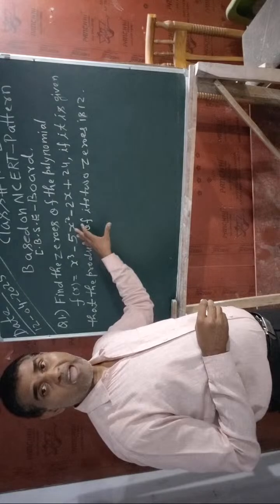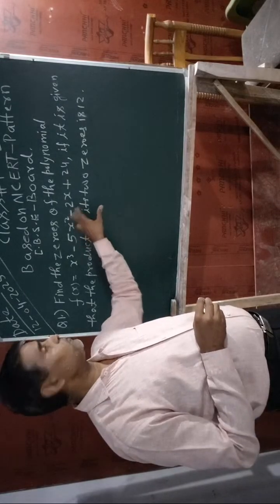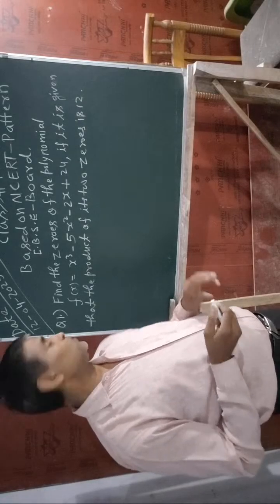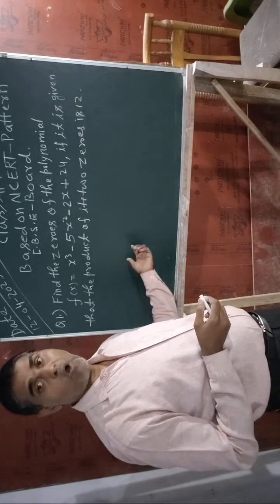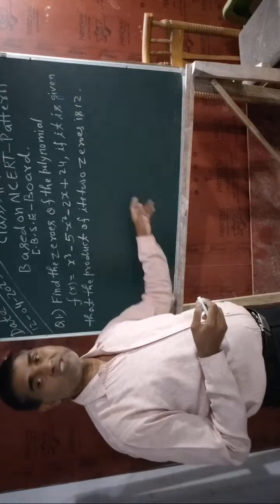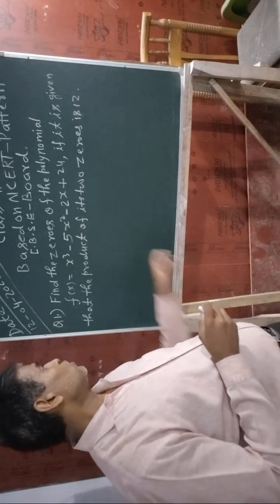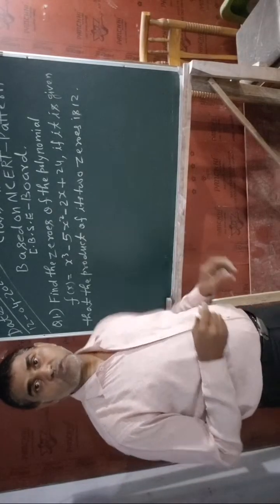We have to use this data from the cubic polynomial. And the other condition is the product of all zeros, alpha into beta into gamma, which is equal to minus constant divided by coefficient of x cube. Okay, student.